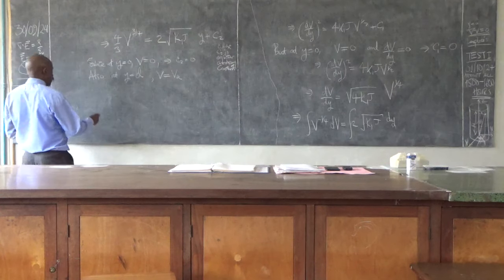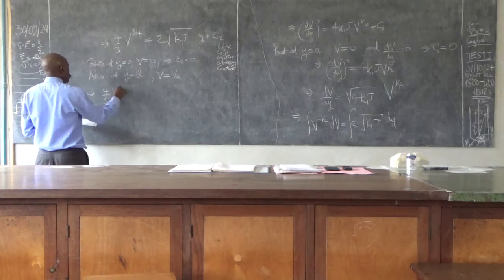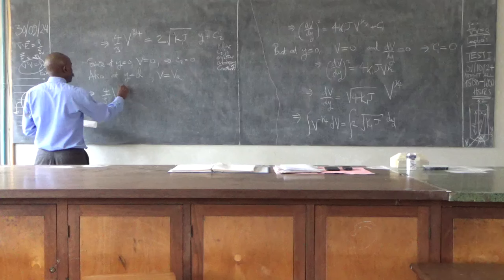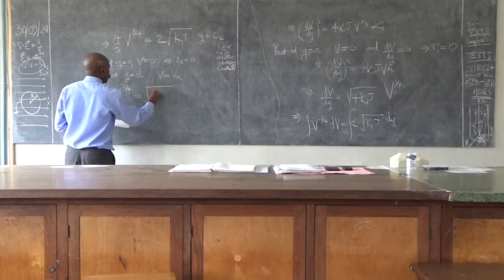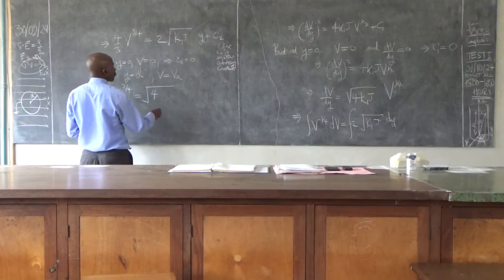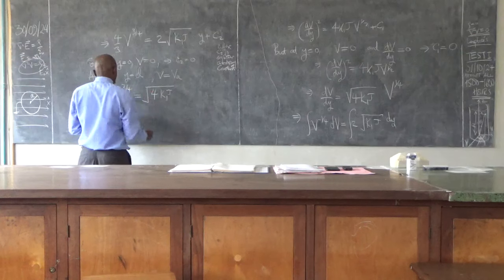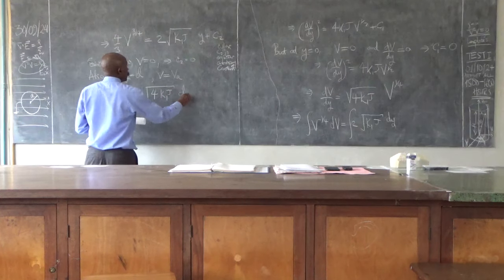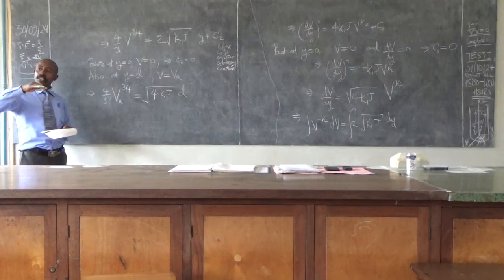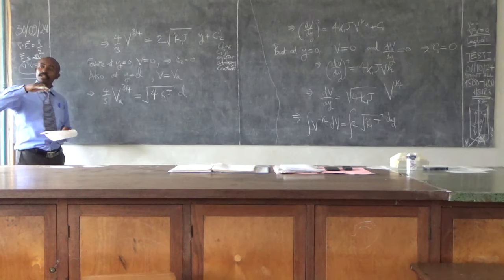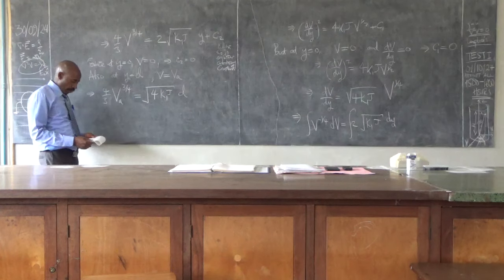And this implies that our 4/3 V anode^(3/4) is equal to root 4 K1 J, and then times the y, which is now at the anode plate, which is at a distance D from the 0, from the reference point.